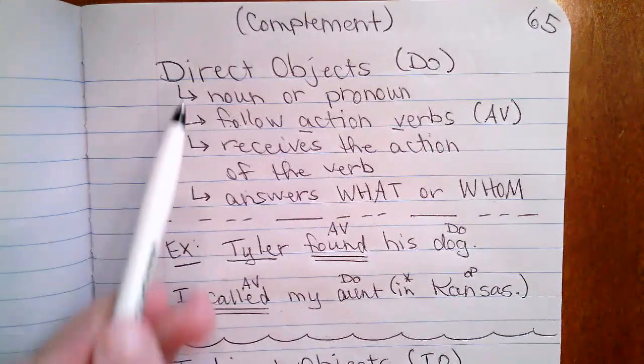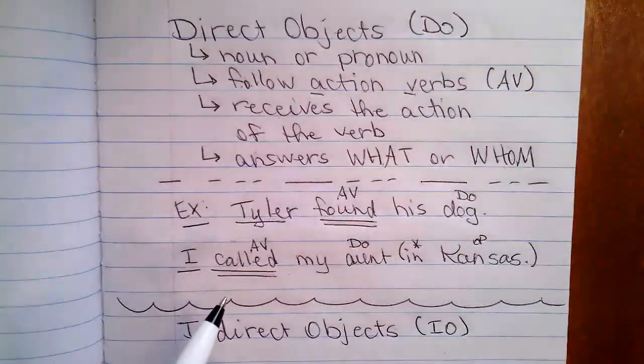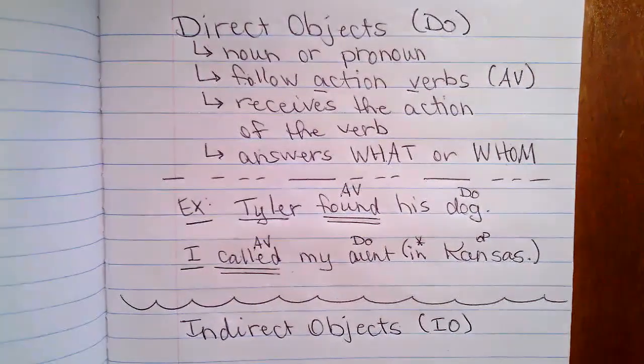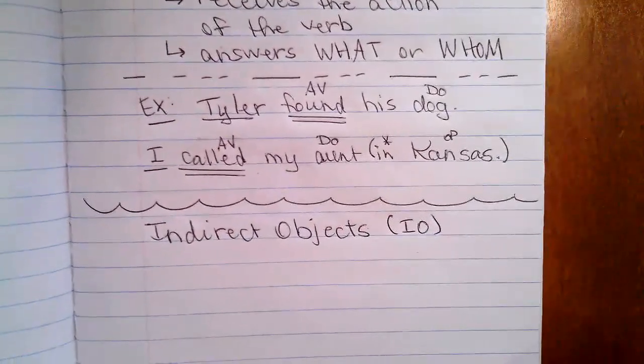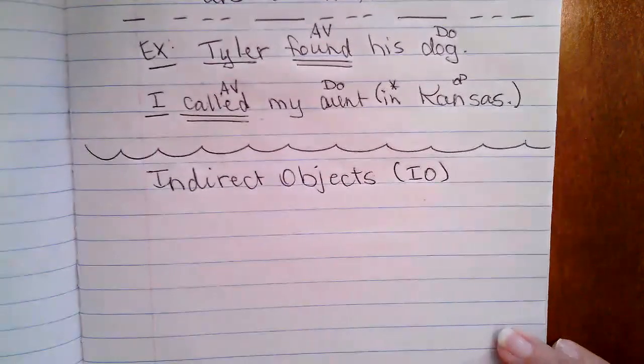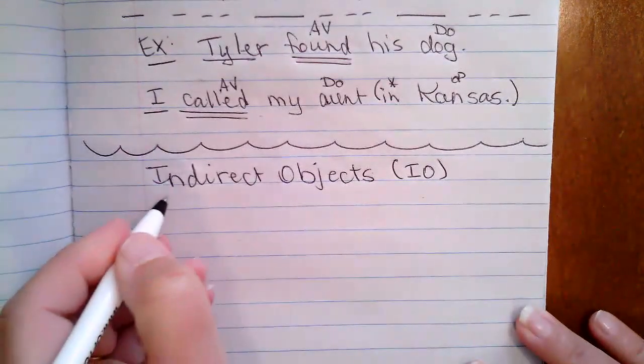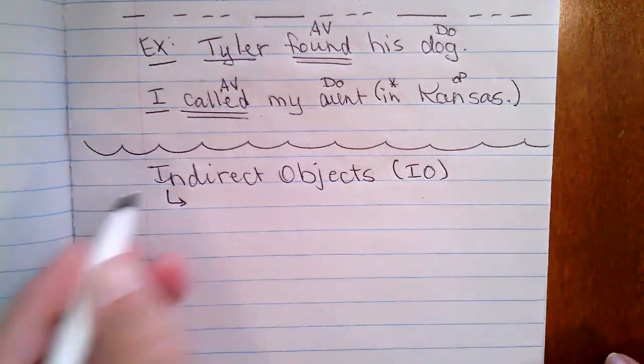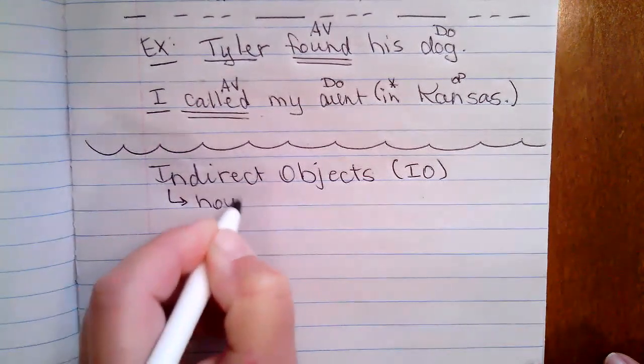We're going to do the same thing for our indirect objects that we did for direct objects. We're going to make a list. So to find an indirect object, there's a couple of things. An indirect object, just like a direct object at the top of the page, will be a noun or pronoun.